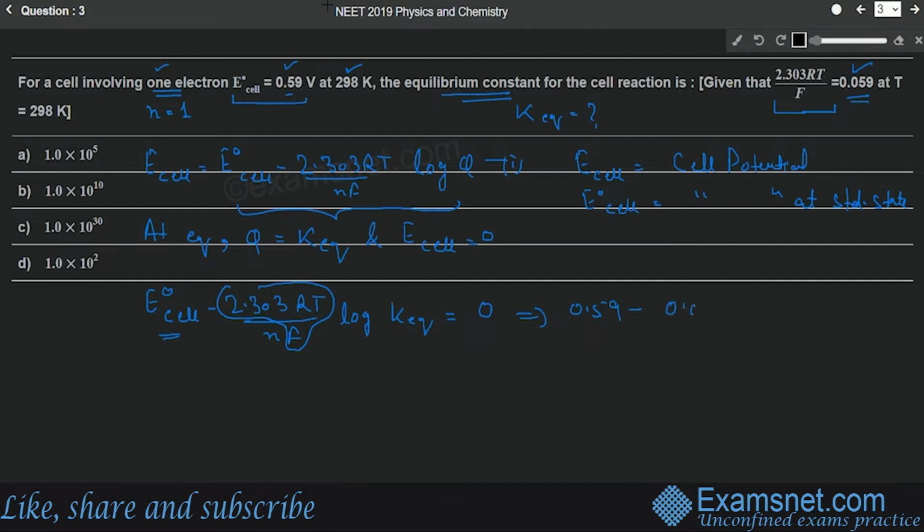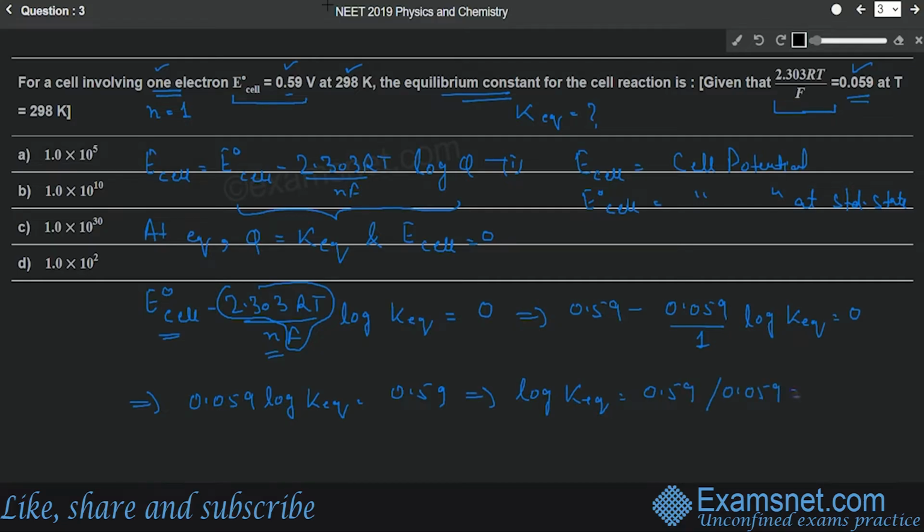So 0.059 and the value of N is 1, log K equilibrium is equal to 0. So we can write that 0.059 log K equilibrium is equal to 0.59. Okay. So log K equilibrium will be equal to 0.59 divided by 0.059.